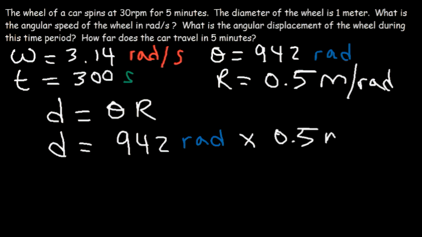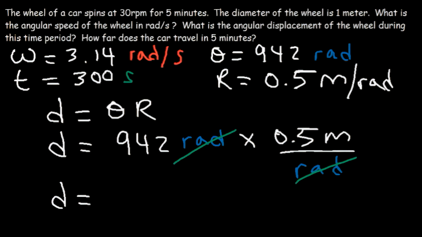So if we multiply 0.5 meters per radian, these units will cancel. So even though the radius is 0.5 meters, I want you to understand that 1 radian would equal an arc length of 0.5 meters. So that's why I usually write it as 0.5 meters per radian, so you can see how the units work out in this problem.